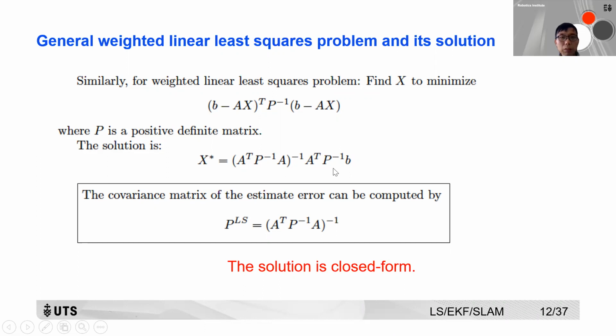And besides the solution, we also have the covariance matrix of the estimate error. So we can calculate the covariance of the estimate as well. So you can see for least square, linear least square, or weighted linear least square, the formulation is very clear, the solution is clear, and the uncertainty is clear. So everything is in closed form.